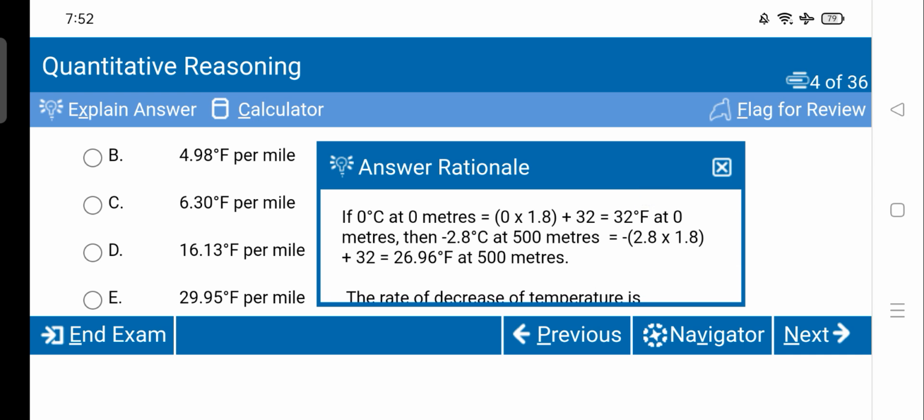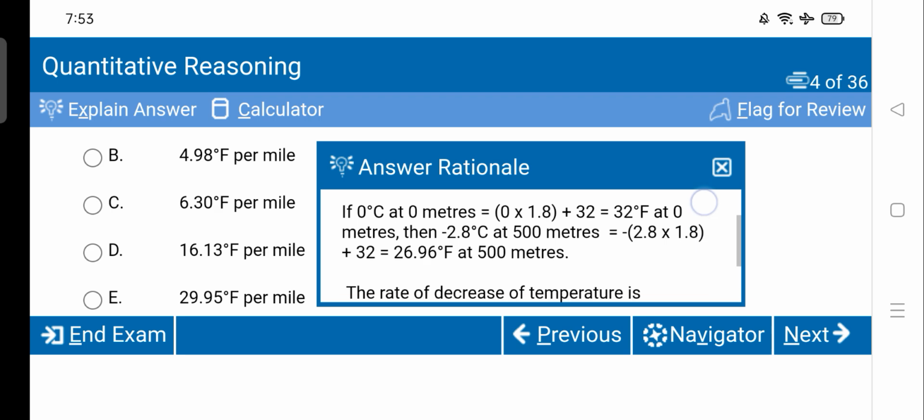If 0 degree centigrade at 0 meters equals 0 multiplied by 1.8 plus 32 equals 32 degree Fahrenheit at 0 meters, then minus 2.8 degree centigrade at 500 meters equals 2.8 multiplied by 1.8 plus 32 equals 26.96 degree Fahrenheit at 500 meters.